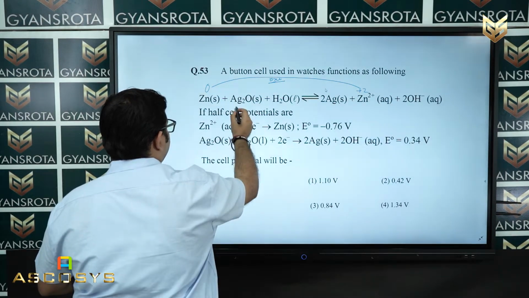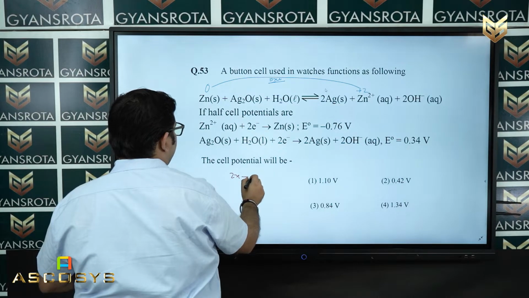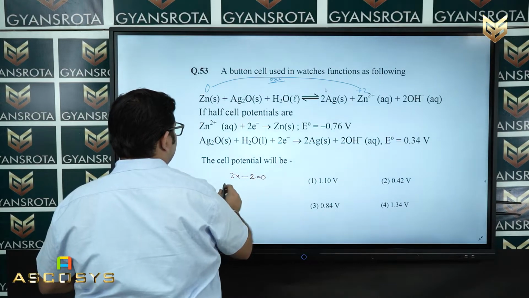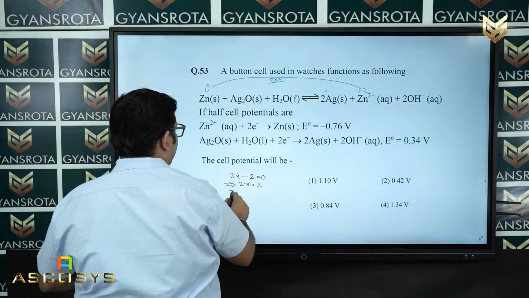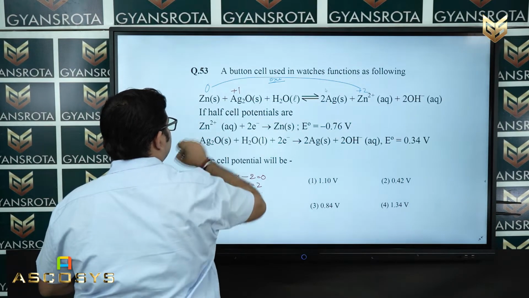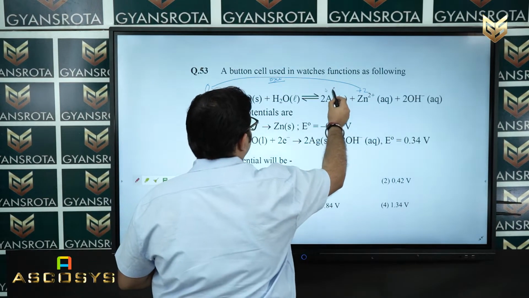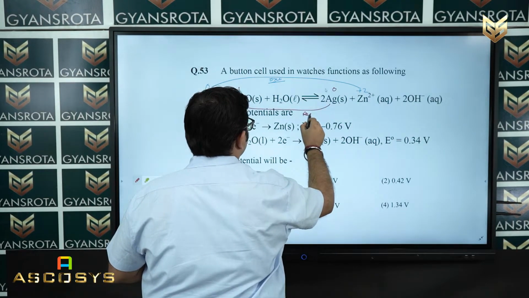Now, for this Ag2O it will be 2x plus or minus 2 is equal to 0. So, it will end up with 2x equal to 2, x is equal to +1. So, here for this Ag it will be +1 and here it will be 0. So, this process is known as the reduction process.